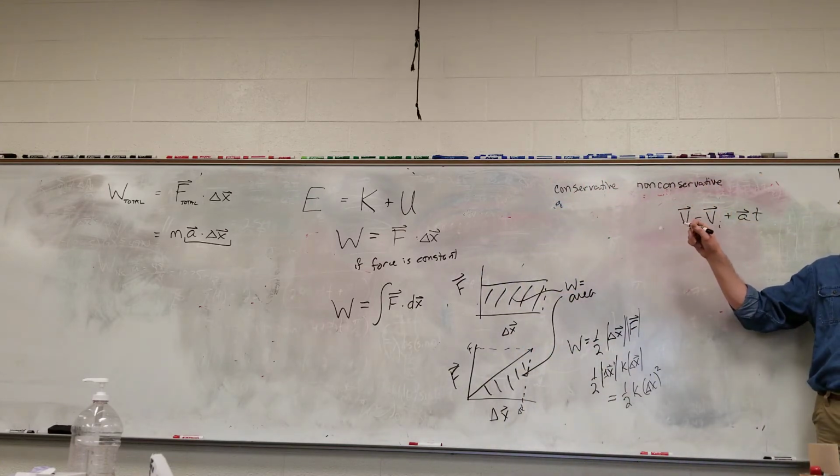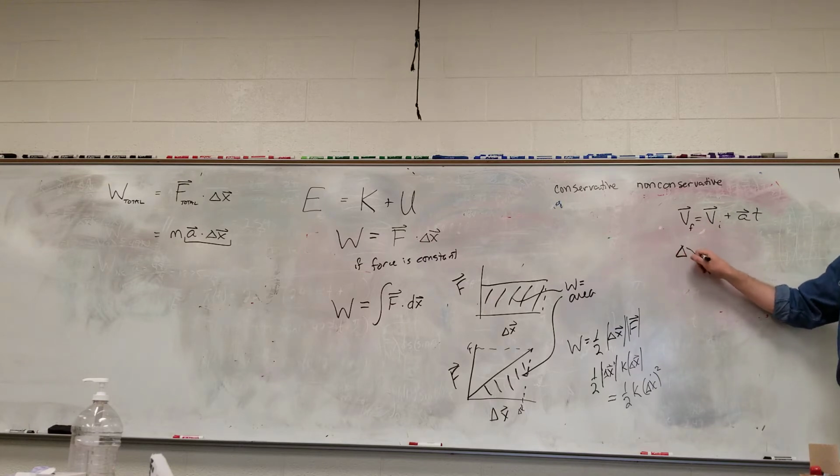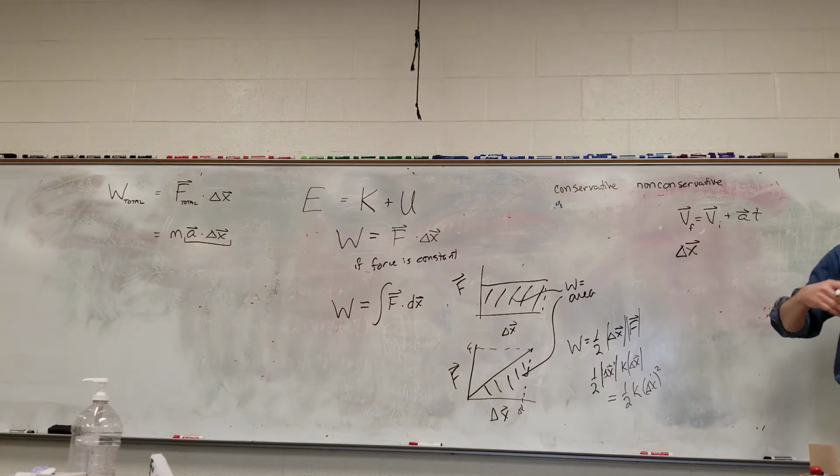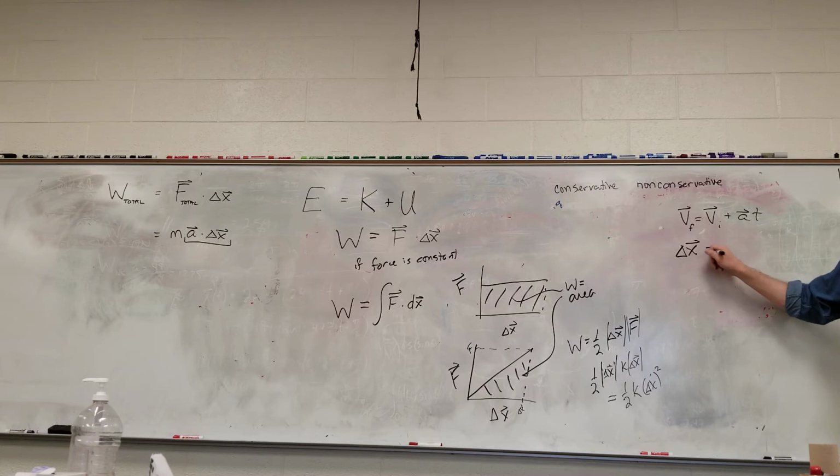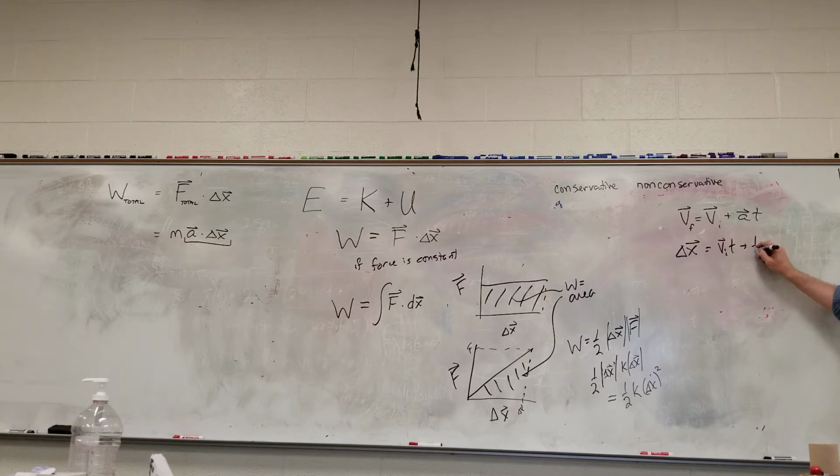Do you happen to remember any of the others or part of another one? That's a while ago. I need a refresher on this. I'm getting the impression that you have not studied this every day since that course. That's correct. Okay, as long as I understand. There's also delta X or delta S or whatever letter you're using, so VFT plus 1/2 AT squared.